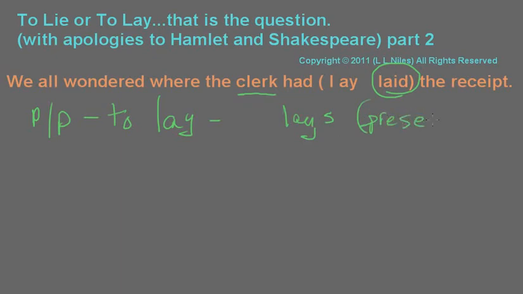So there's no way that a simple lay is going to be the correct form. Notice too, clerk had laid what? We have a direct object here. We're using the past participle form because we have the helper had.